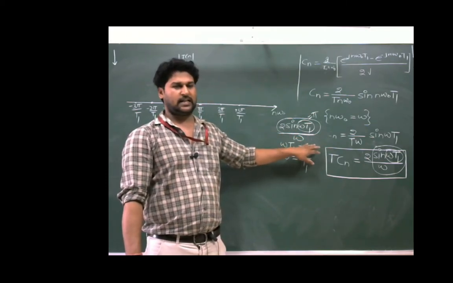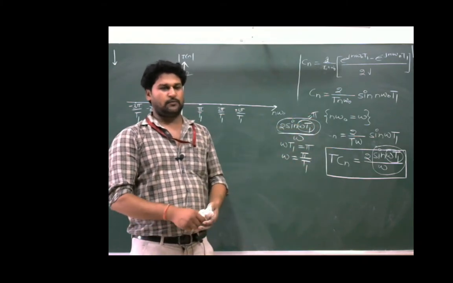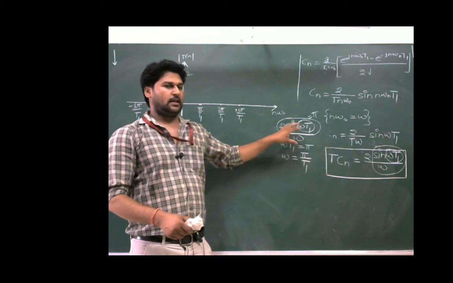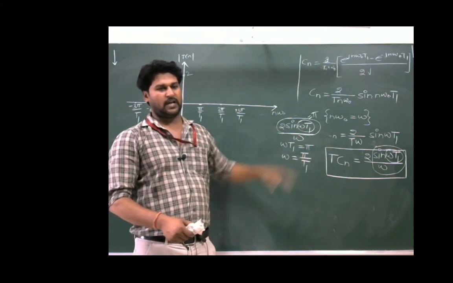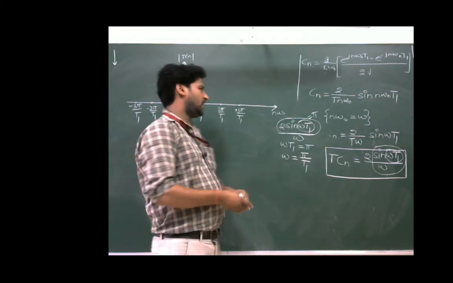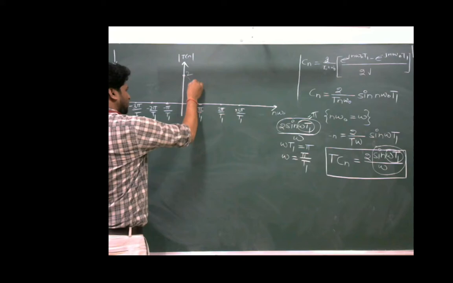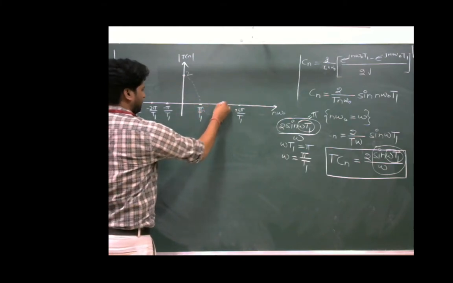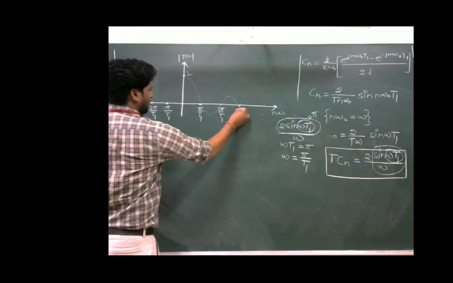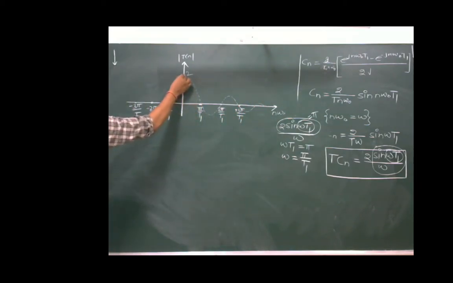Denominator is increasing while numerator remains in the range of -1 to +1. It means that the value of the function will keep decreasing as omega increases. Here the envelope of this signal will look like this: it becomes 0, goes negative, then again 0, and then again 0, and this will show a damped oscillation.